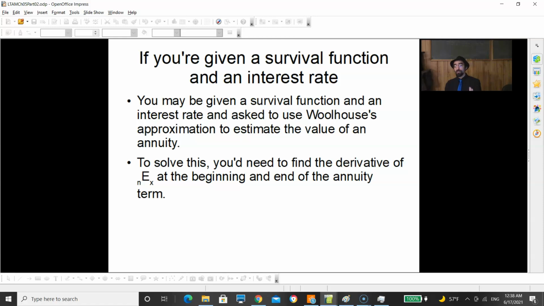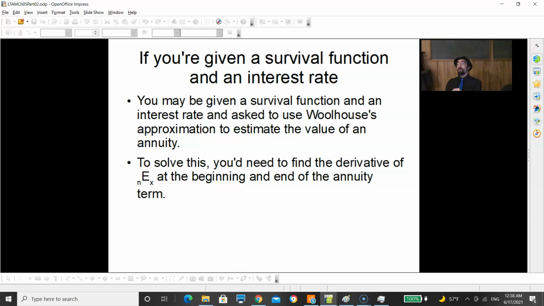In fact, they could ask you to do something like this. They give you a survival function and an interest rate and say, first calculate the continuous annuity, right? Because now you set up an integral. Okay, you can do that. If you need to find an annual, right? So now you need to find a sum given an integral.